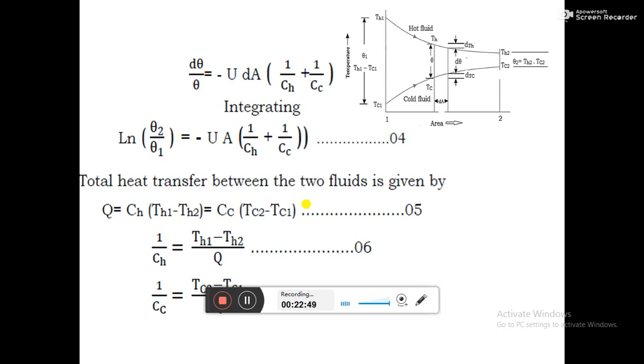From equation number 5, we can write 1 by Ch equals Th1 minus Th2 by Q, and 1 by Cc equals Tc2 minus Tc1 by Q.